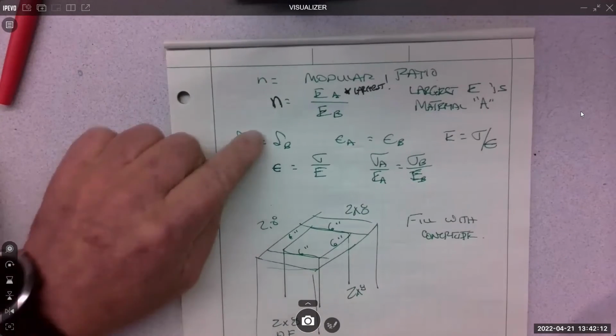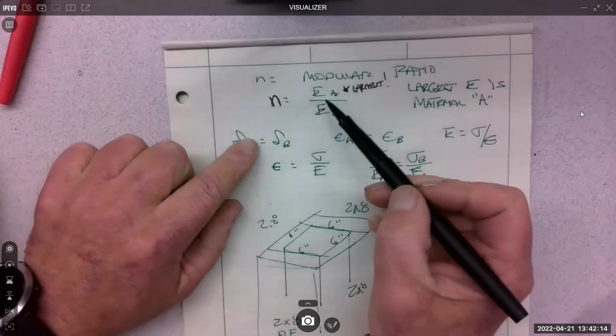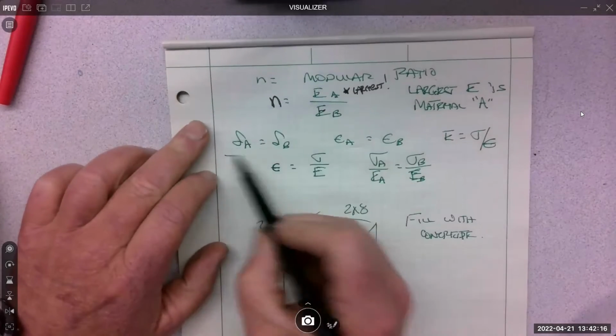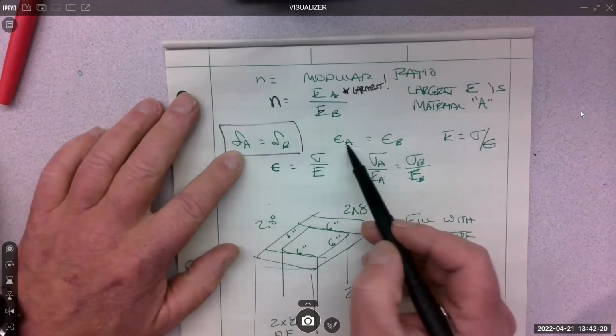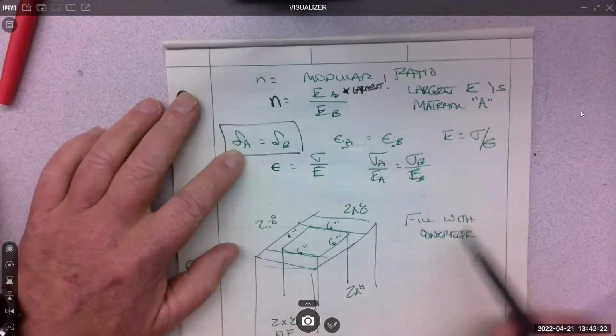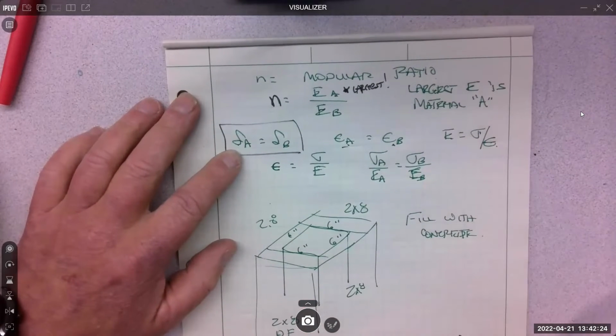The other thing you can figure out is from the modular ratio and from the concept that these elongations are the same, which means the strains are the same. And I know that E equals stress over strain.